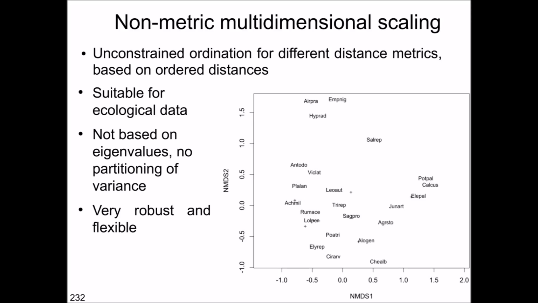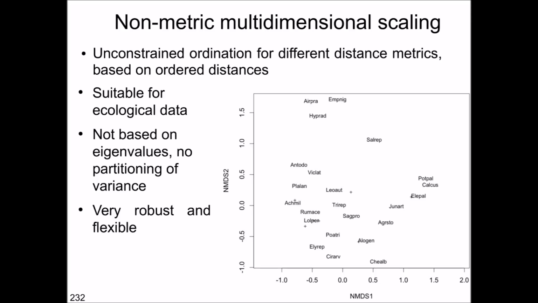So by this loss of precision, we gain some robustness to outliers, and we can more easily achieve a two-dimensional representation of distances than if we use the metric version. In addition, the distance matrices that we use don't require a linear gradient as in the RDA case or PCA case.